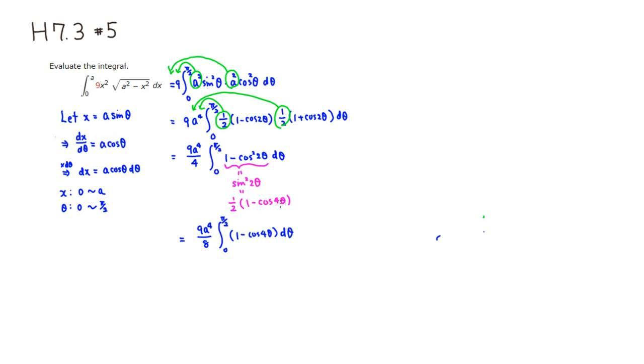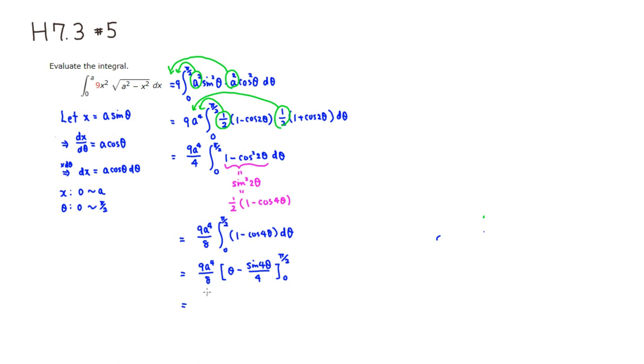Then we can find the antiderivative. You have 9a to the 4th over 8, times the antiderivative of 1, which is theta, minus the antiderivative of cosine of 4 theta, which is sine of 4 theta over 4, going from 0 to pi over 2.